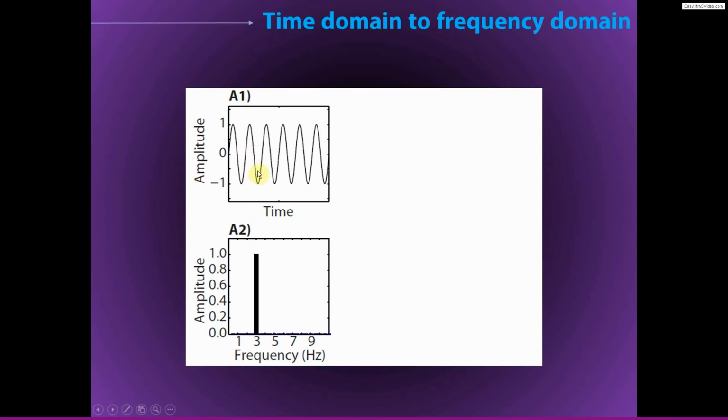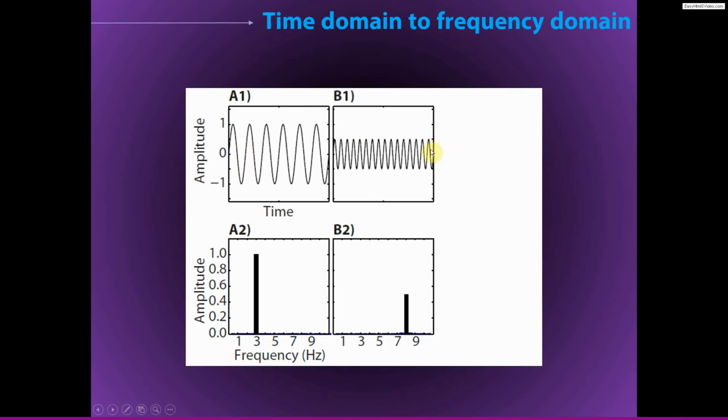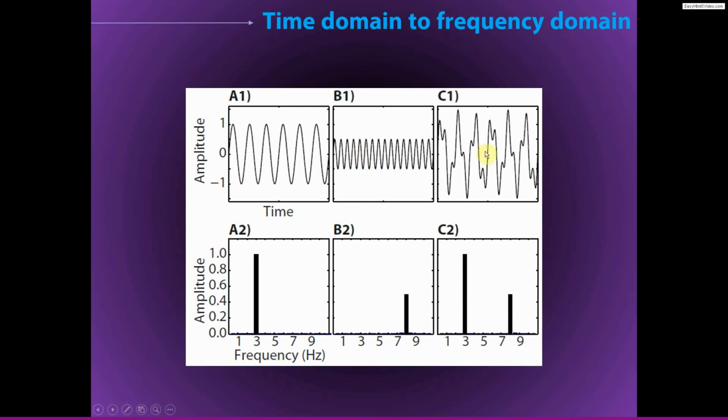Okay, so here's one sine wave. Here's another sine wave. You can see it is a faster frequency and it has a smaller amplitude, and so that's also reflected here. And now when we sum these two sine waves together, in the time domain we have something that looks like this, and in the frequency domain it's very clear that this signal comprises these two components, one component at 3 hertz and one component at 8 hertz.